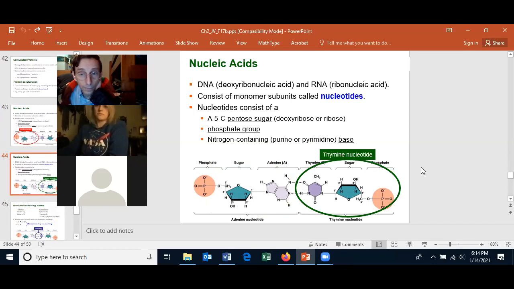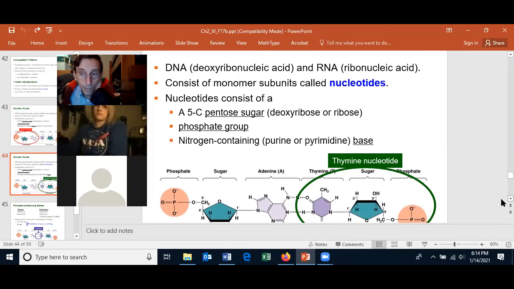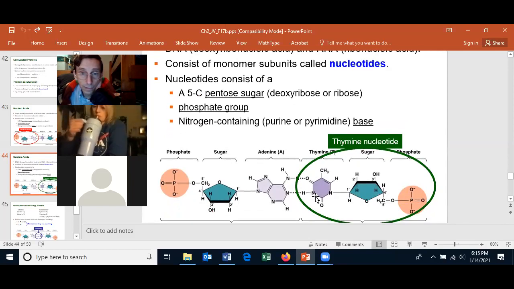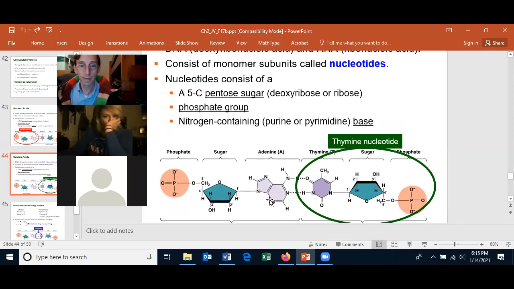You can have a different nitrogen-containing base. Thymine is shown here, and adenine is shown here. They have a different structure because one is a purine and one is a pyrimidine. This is the pyrimidine, and this is the purine.